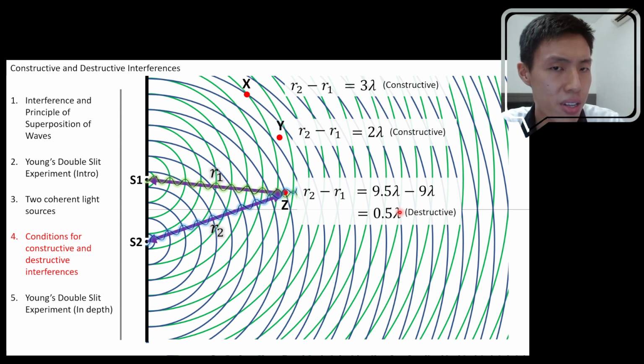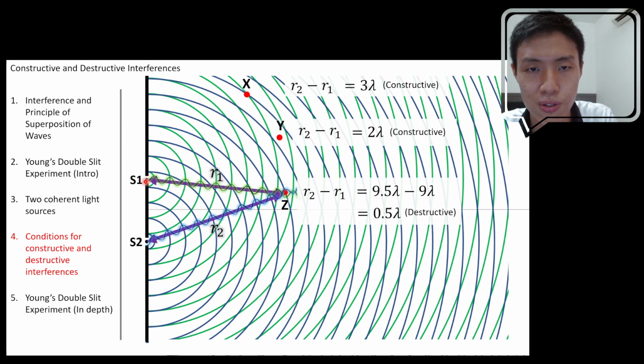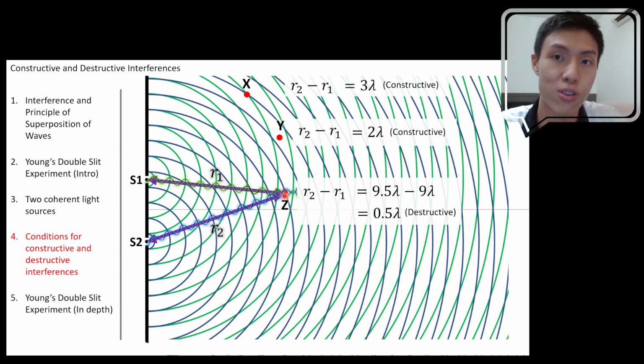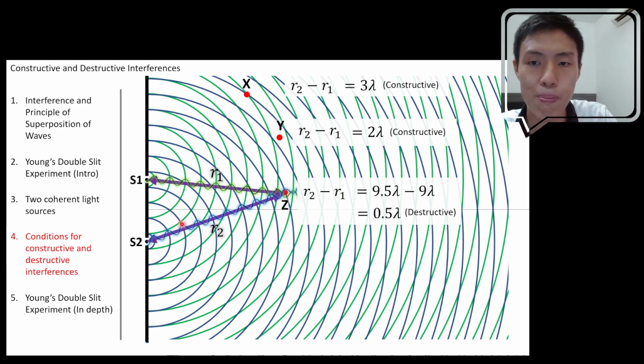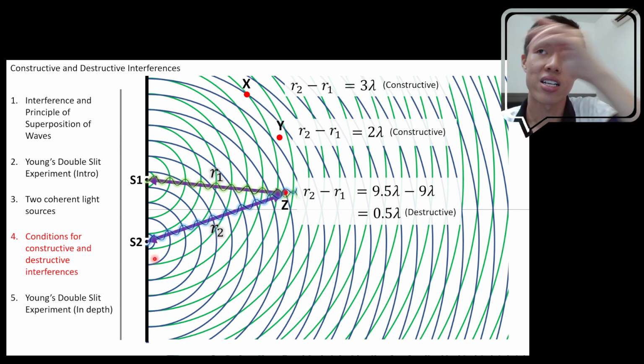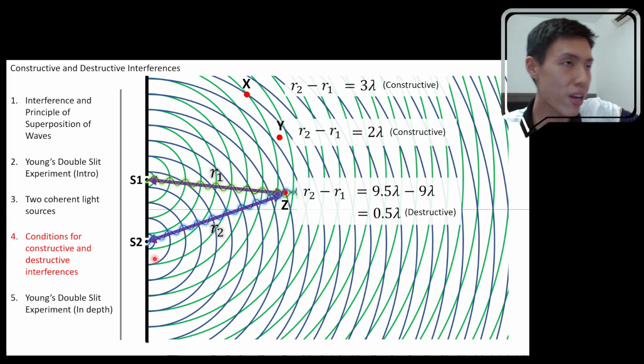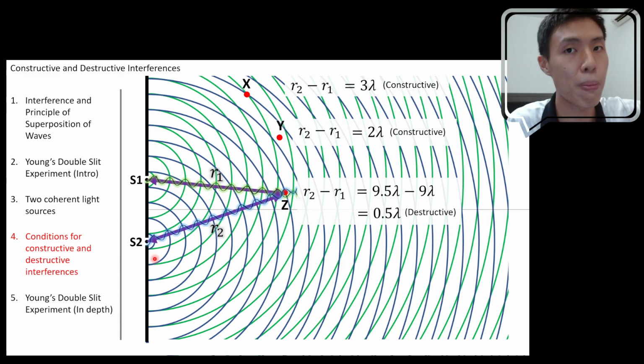And if you think about it, it actually makes sense. Because if you start with a trough, you go for, let's say, 8 wavelengths to reach here, then you also arrive at the trough, because you completed exactly 8 wavelengths. If you complete 8.5 wavelengths, let's say, you start from a trough. If you go 8 wavelengths, you arrive at the trough. But you have another 0.5 wavelength, it will change you to become a peak.